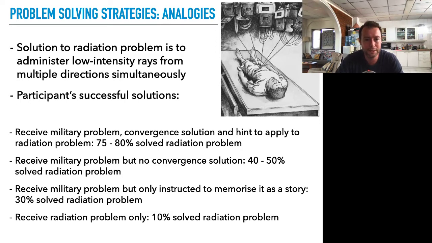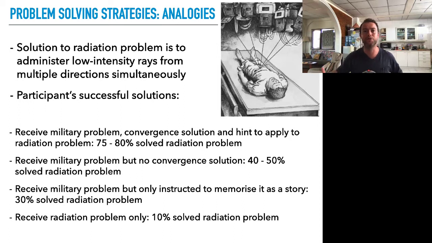So in the study by Holyoak, they looked at the percentage of people that were capable of finding a solution to the radiation problem. Those participants who received the military problem, the convergent solution, and were then given a hint to apply this knowledge to the radiation problem, 75 to 80% of them effectively came up with this solution.